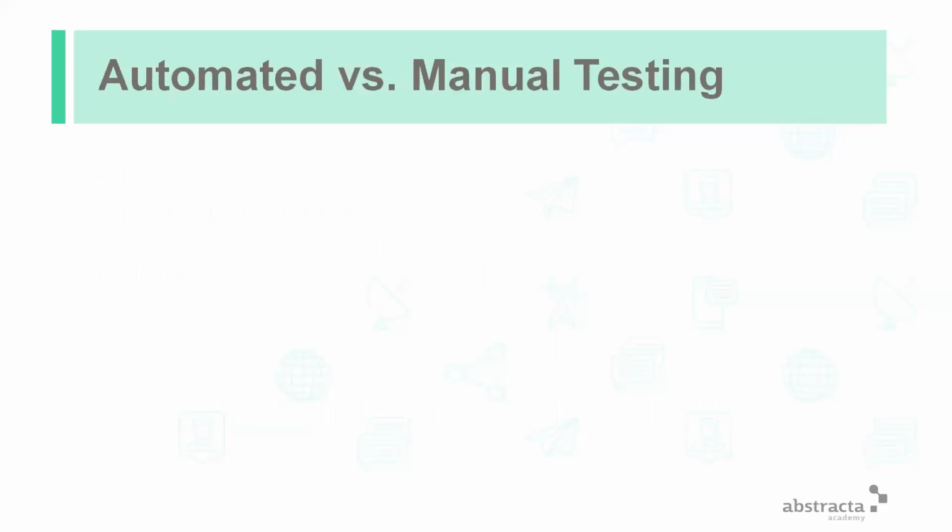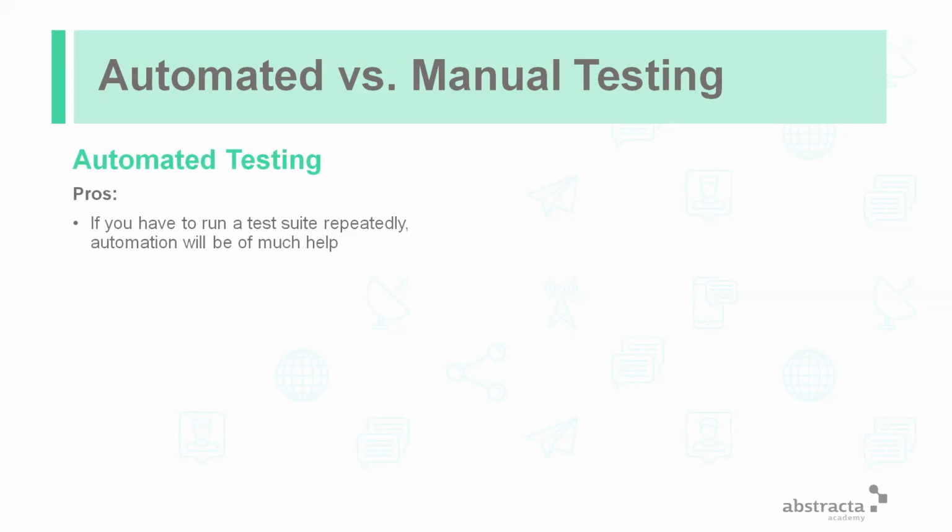So now I'm going to talk about automated versus manual testing. We have some pros for automated testing, which will be, if you have to run tests repeatedly, automation will be of much help because it will do it really fast.